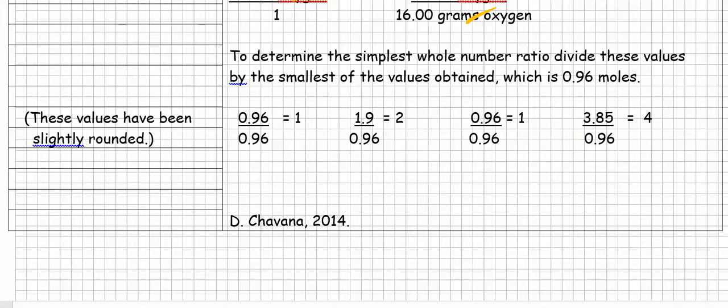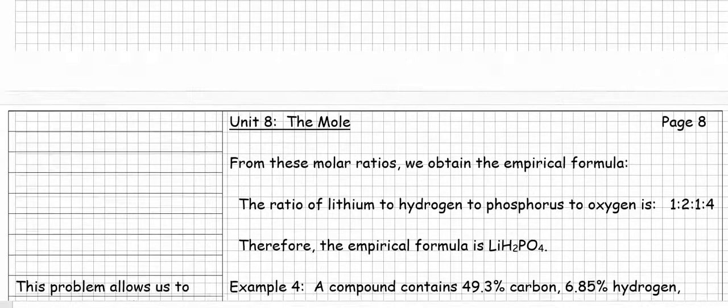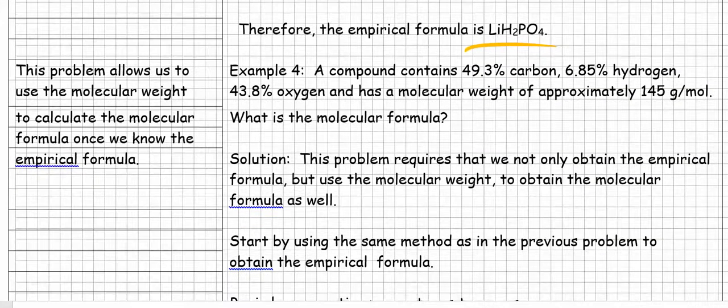That's the mole to mole to mole to mole relationship. Okay? Now, from these molar ratios, I can determine the empirical formula. Again, it's 1 to 2 to 1 to 4, so the empirical formula turned out to be LiH2PO4, right? Originally, they were just percentages. Then we turned them to grams. Then we turned them to moles. And now we've got the empirical formula, okay?